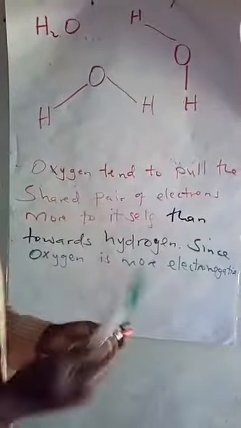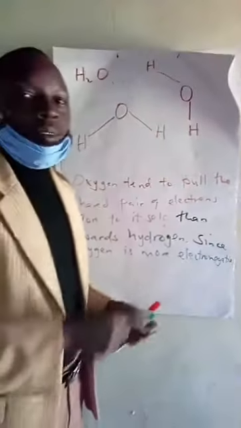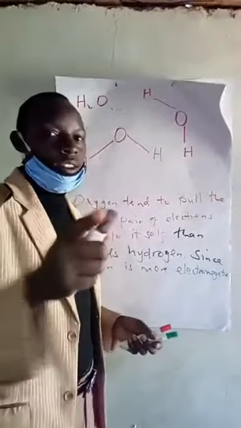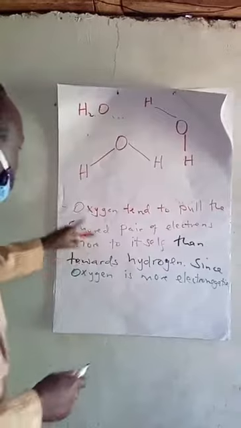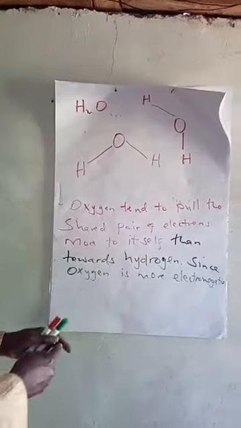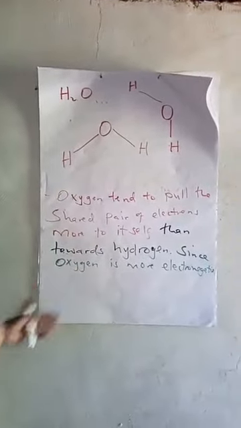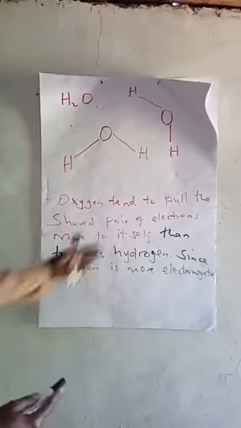So oxygen is more electronegative, so it pulls the shared pair of electrons more to itself than towards hydrogen.